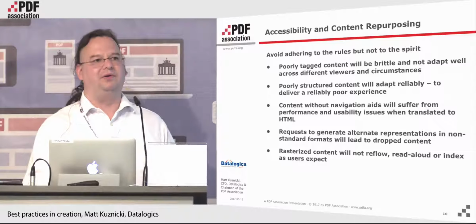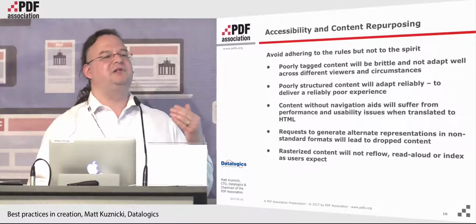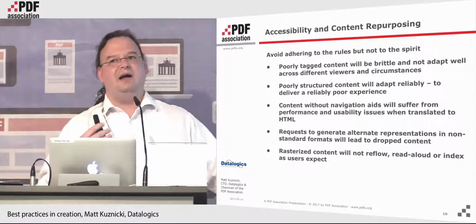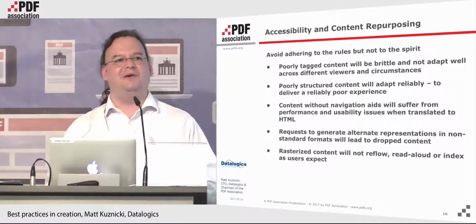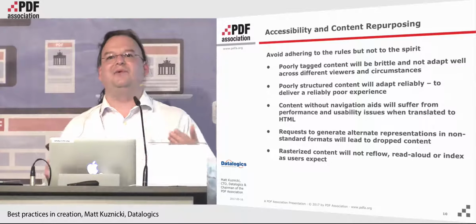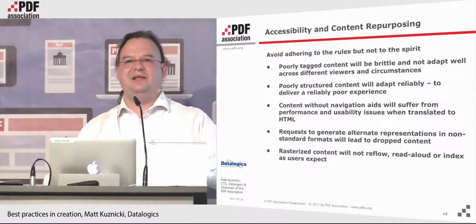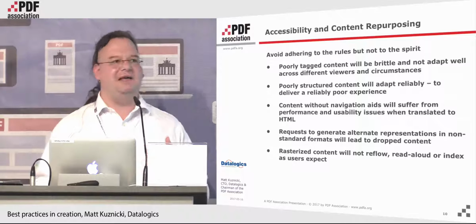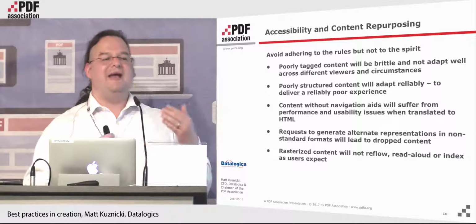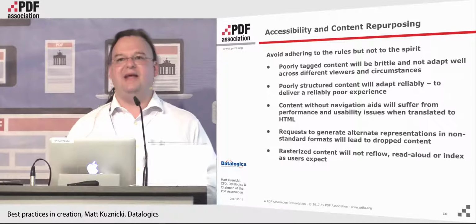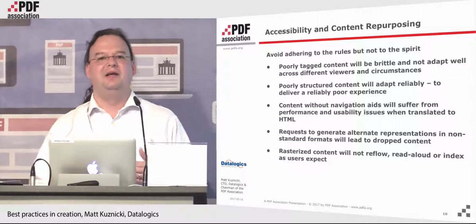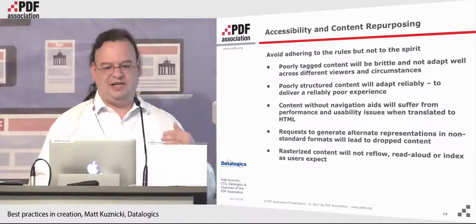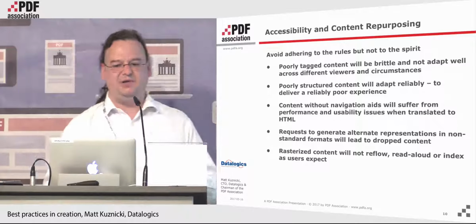This will be brittle. This will cause viewers to give, I don't want to say incorrect results. I don't want to say an author ever has ill intent, but let's just say results that may not match user expectations. Users naturally will perceive this negatively. These will not be successful next generation PDF documents.